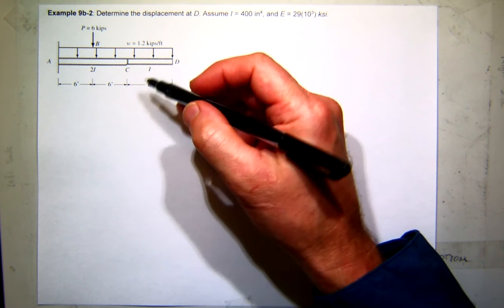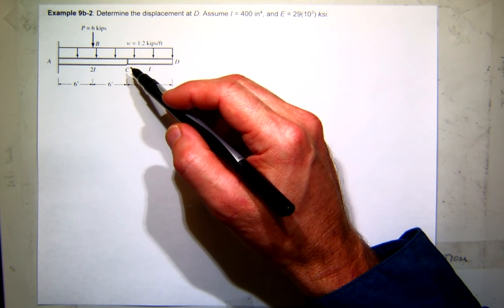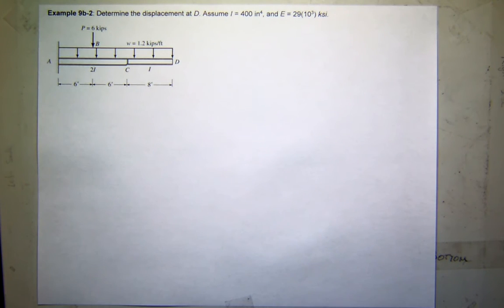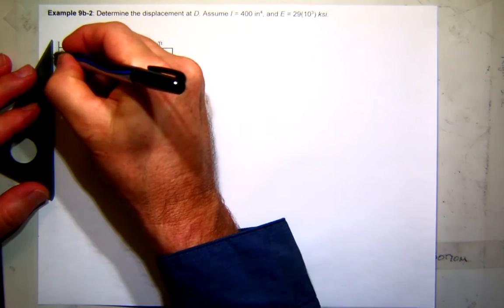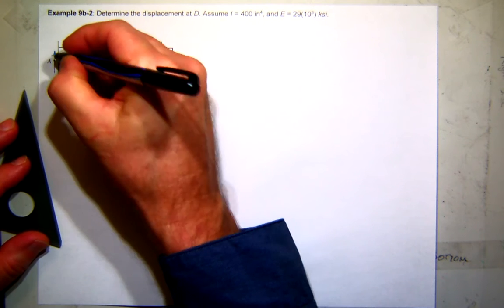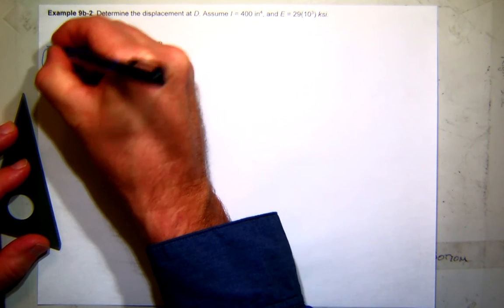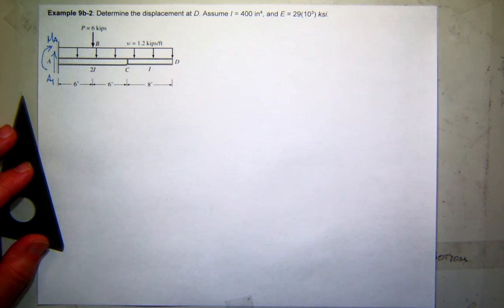Okay, so in order to write these equations, I am going to need the reactions. So let's start with that. I'm going to assume I have a reaction up here at A, call it AY, and a moment here, I'll call it the moment at A. I need to find those things to get started.